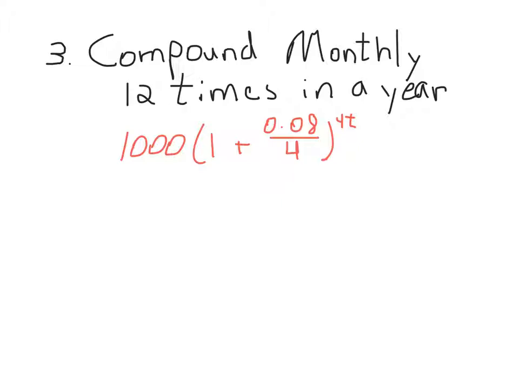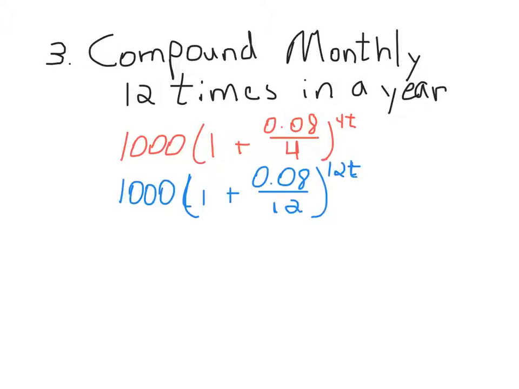So now if we're compounding monthly, all we really need to do is replace that 4 with a 12. There we go, we have replaced our 4 with a 12, and there's our formula for compounding monthly.